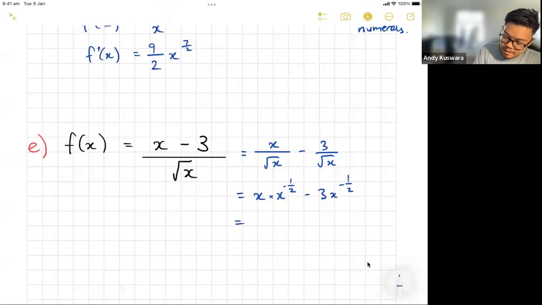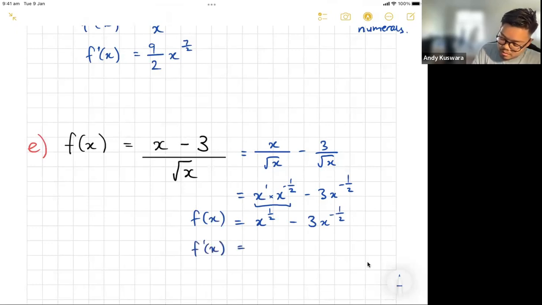Using your index laws, I add 1 to the power, so this just becomes x to the positive half, because that's 1 take away a half. And I'm going to take away 3x to the minus half. Have not differentiated, have just put it into a nicer form.